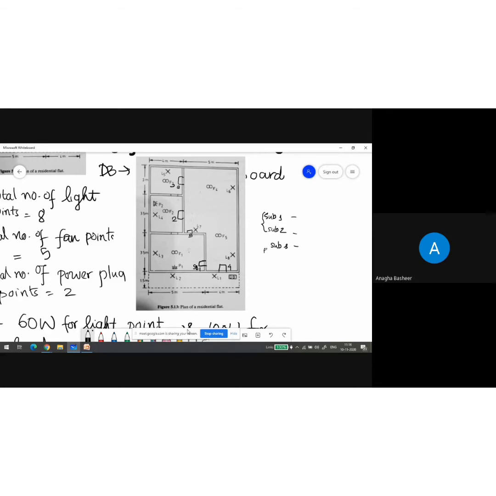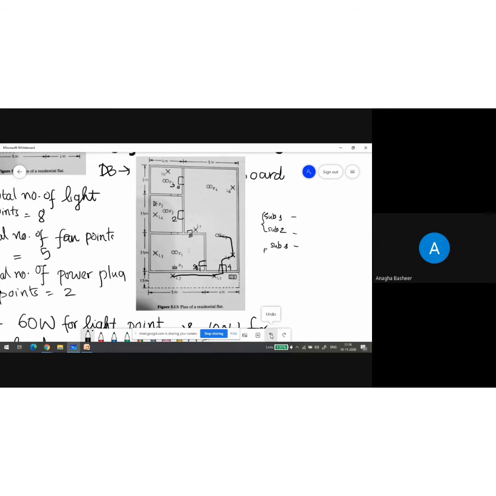Just listen. From here, switchboard 4, then to lamp 8. The nearby points only. It is according to my design.